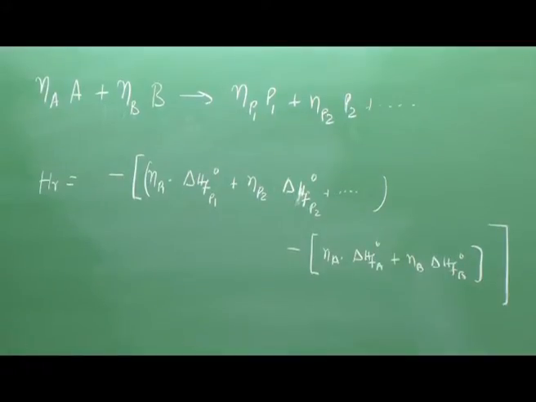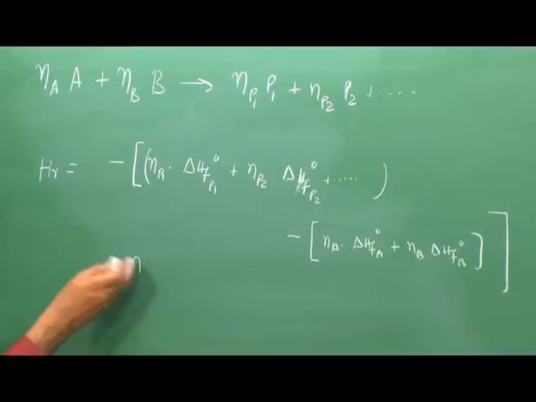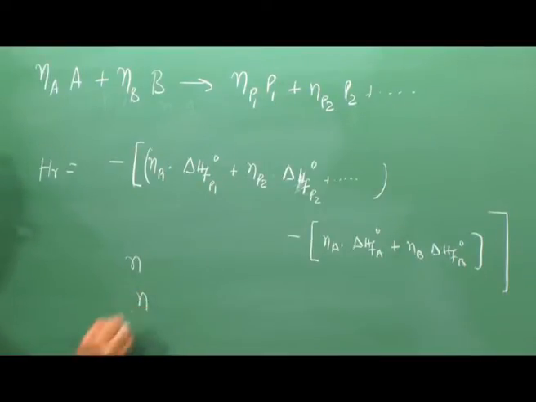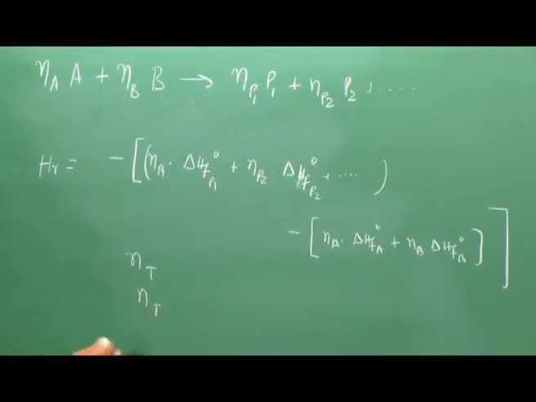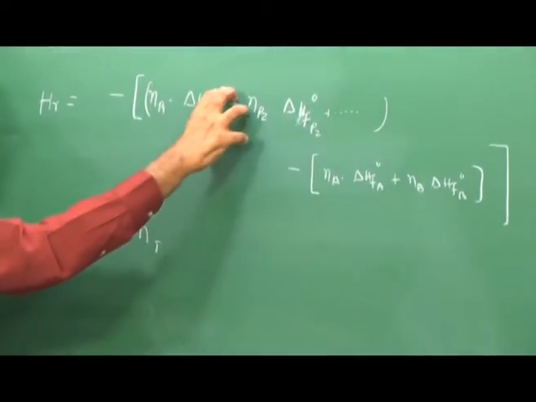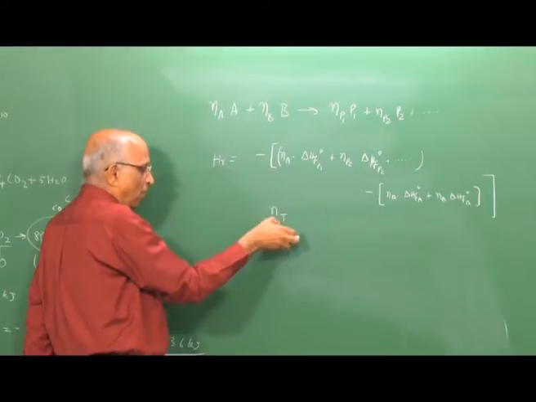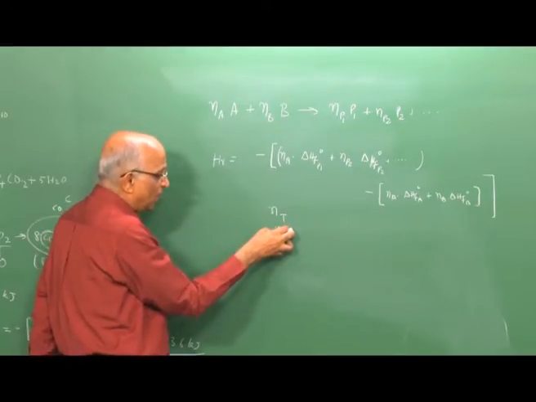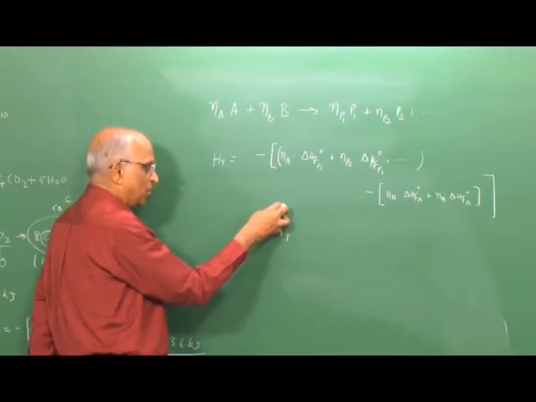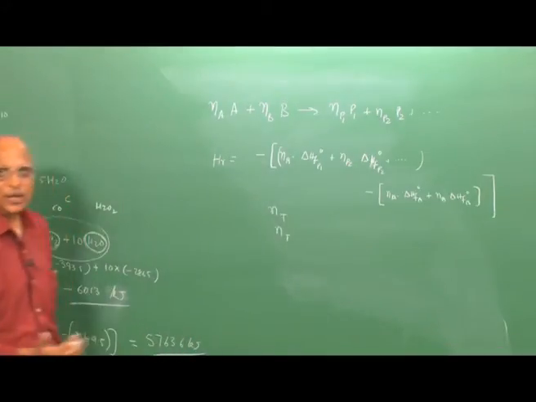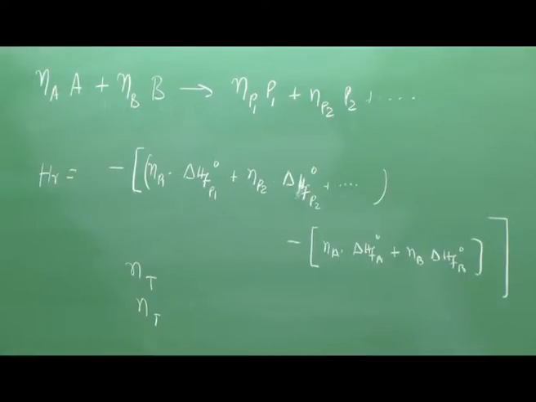If I have a particular mass which corresponds to the total number of moles N, or a volume which corresponds to the total number of moles N, then I know that this energy is liberated from so many moles in this reaction. Therefore, I calculate for a volume which contains so many moles of reactant, or a mass which contains them, and this is how we evaluate the energy release from a reaction.